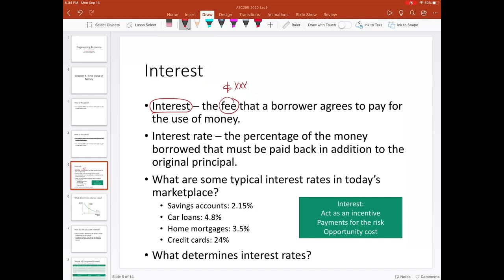Interest is something we use as an incentive payment for the risk and opportunity cost. Think about that. If you ask somebody to invest some money in your business, then that person takes a risk.